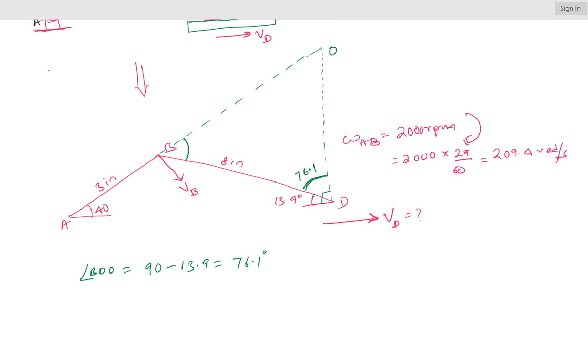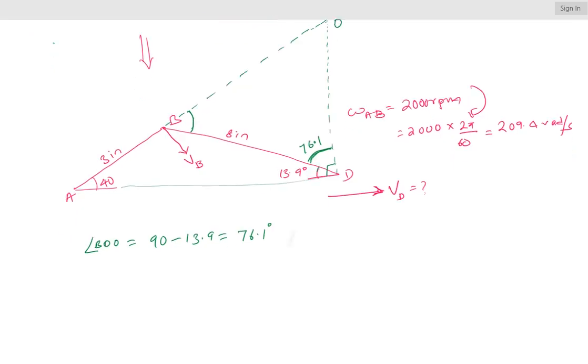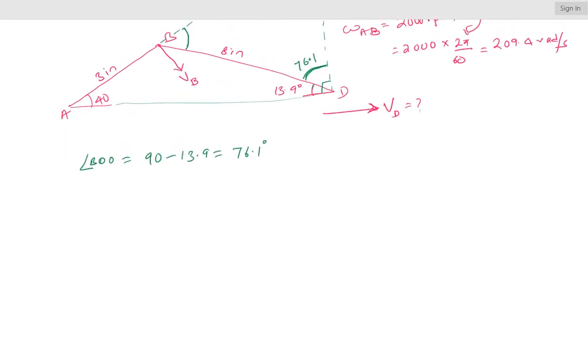Look at the triangle OAD. In triangle OAD, A is 40, D is 90.